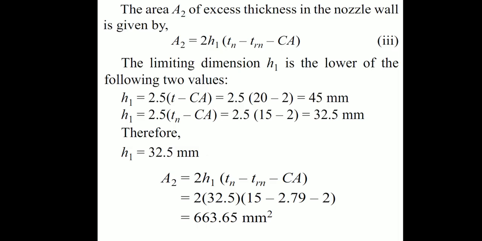Also, H1 is equal to 2.5 times (thickness of nozzle Tn minus Ca). Substituting the values, H1 is equal to 32.5 mm. Since 32.5 is the minimum value, H1 is considered to be 32.5. Substituting this value, you get area 2 equal to 663.65 mm square.